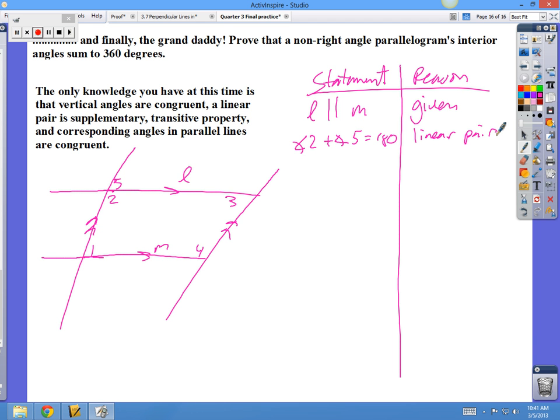And I'm going to say angle 5 is congruent to angle 1 because they're corresponding. So 5 is equal to 1, but 5 plus 2 is 180. Then I know that angle 2 plus angle 1 must also be 180 because of the transitive property.